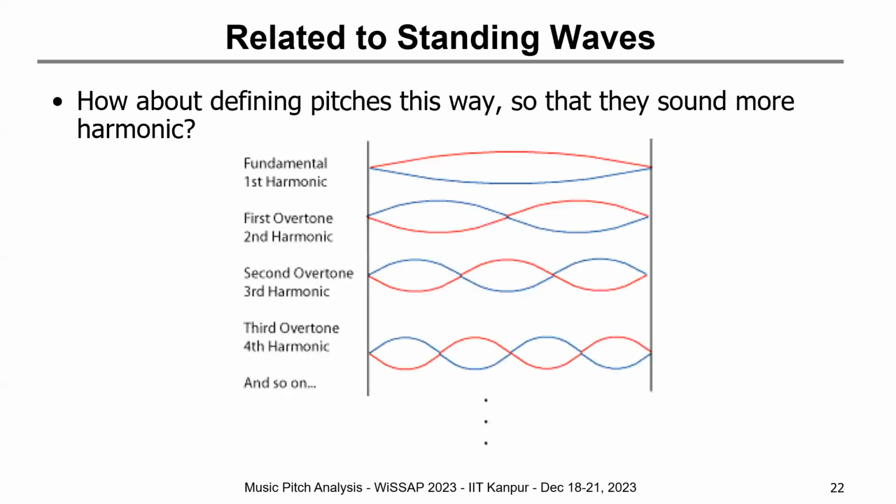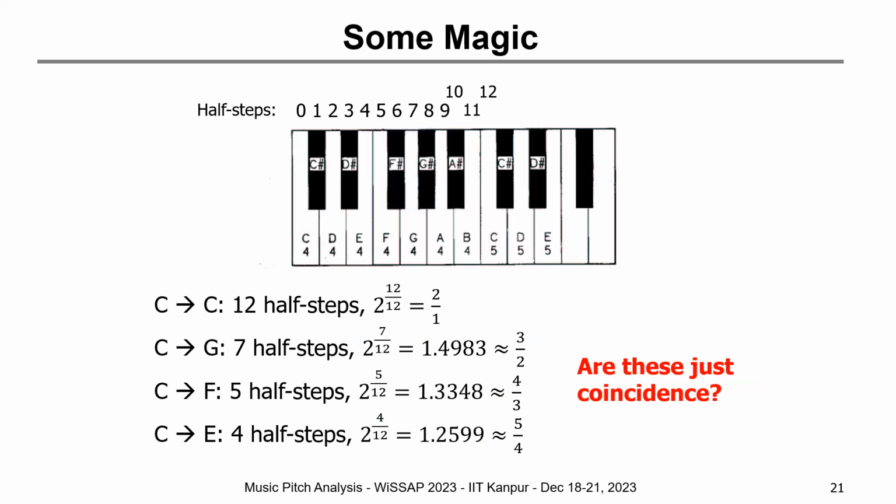Okay, but first of all, 2 to the 5 over 12 is 1.4983. It's not a small integer ratio exactly. Oh, you're taking 7 by 12, 2 to the 7 by 12, taking G. So it's a perfect fifth.